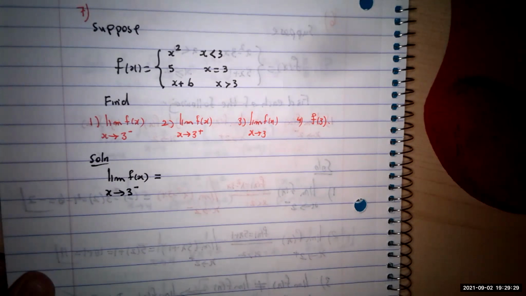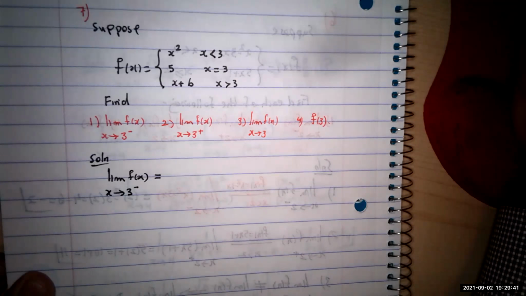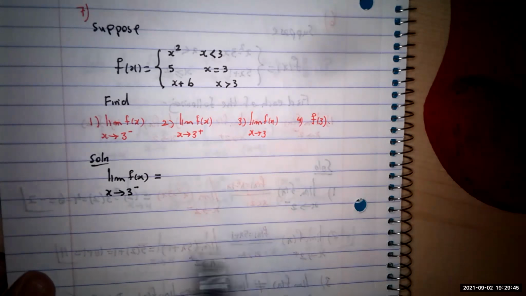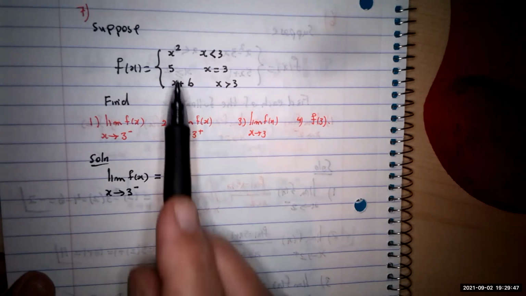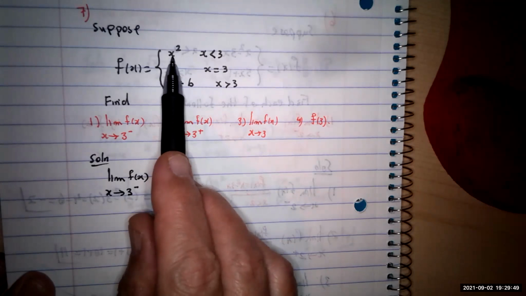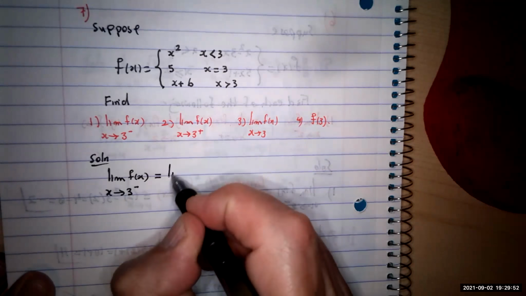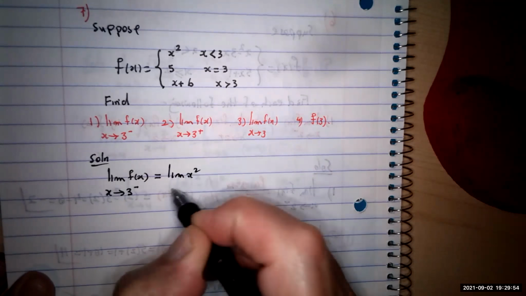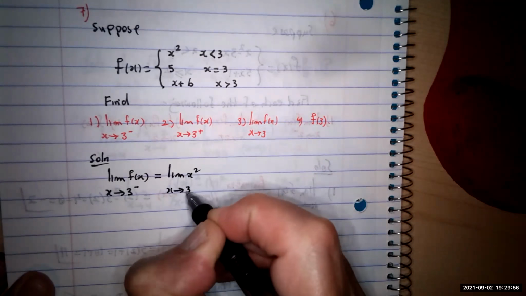It means from the left, so x is less than 3. When x is less than 3, the function to be used is the first part. So you are going to write the limit of x squared when x goes to 3 negative.